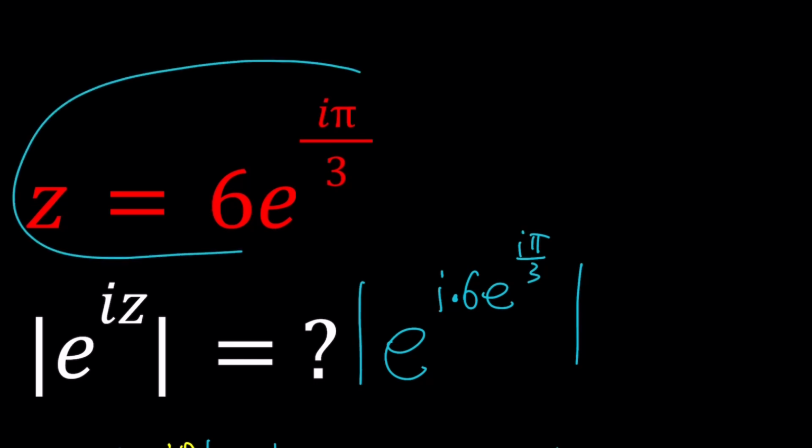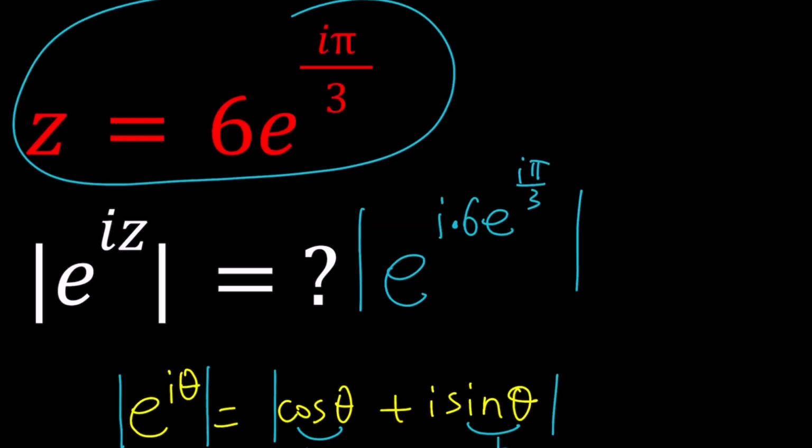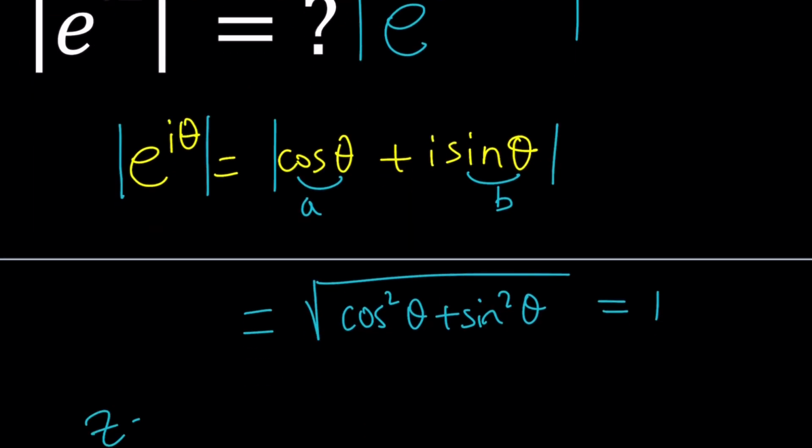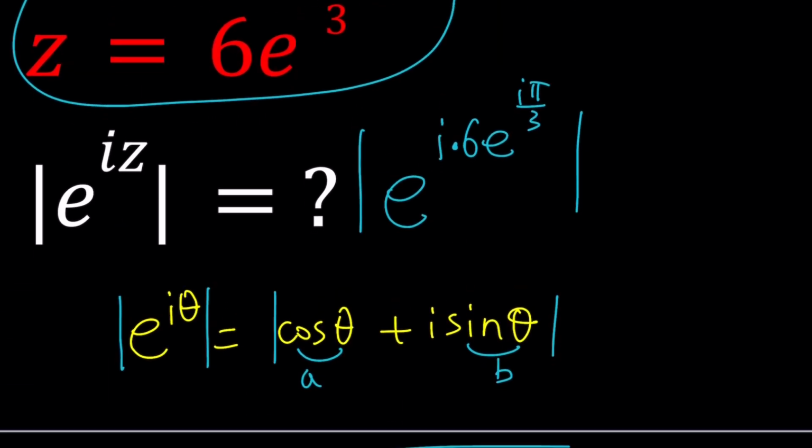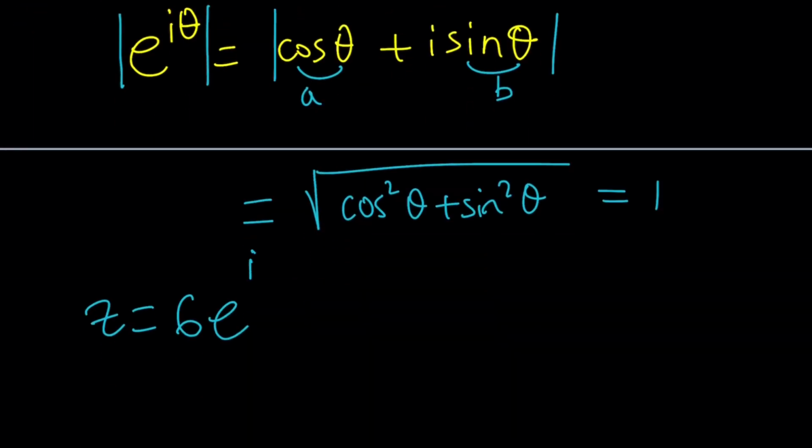By using Euler's formula, let's go ahead and write this in standard form. So how do you write 6 times e to the power i pi over 3? Well, 6 is, in this case, by the way, the modulus or the absolute value of z. But remember, we're supposed to evaluate the absolute value of e to the power iz. So we're going to multiply z by i and then exponentiate it.